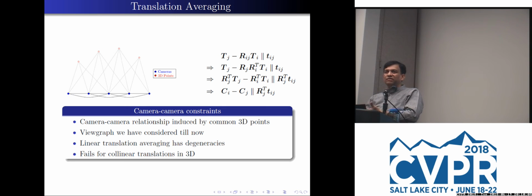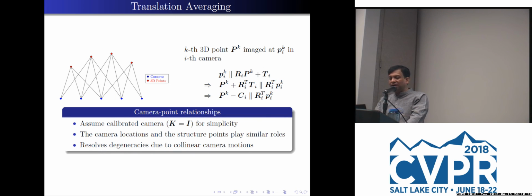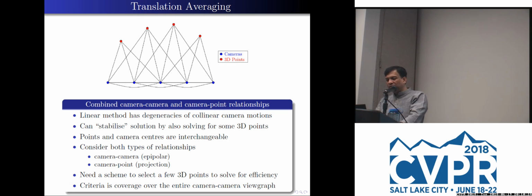There's nothing to distinguish structure points and camera centers as points in 3D space. So once you do that, you have to massage the constraints in the appropriate fashion, and then you can address this problem of dealing with degeneracies. So you can stabilize the solution by adding some points. The question is, how do you pick those points?